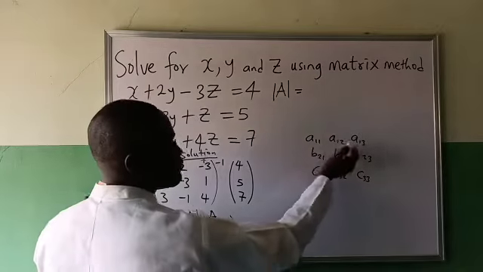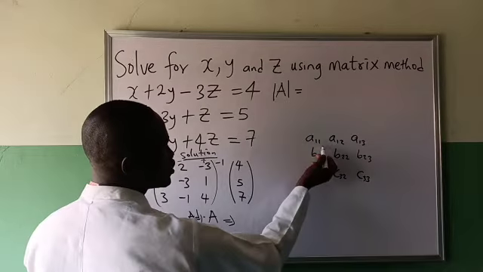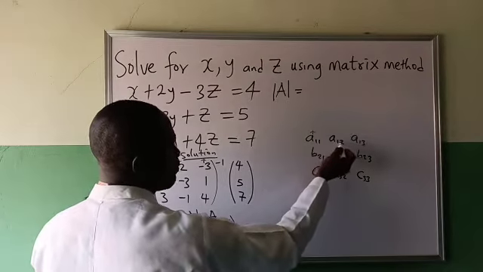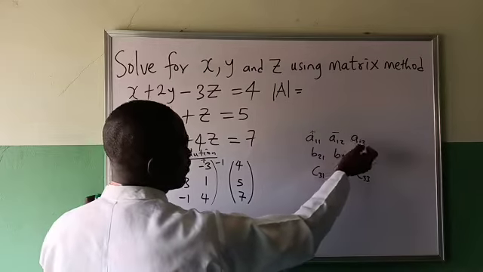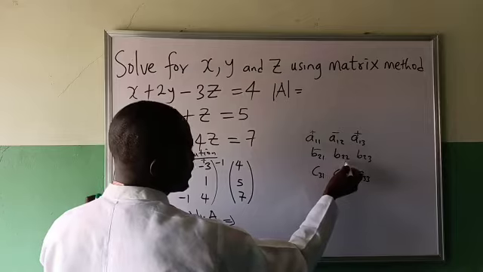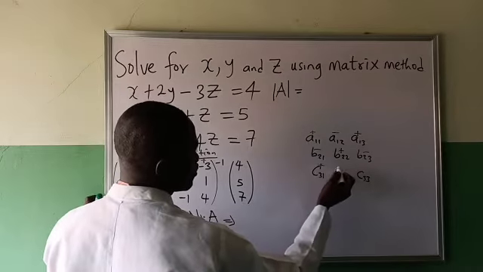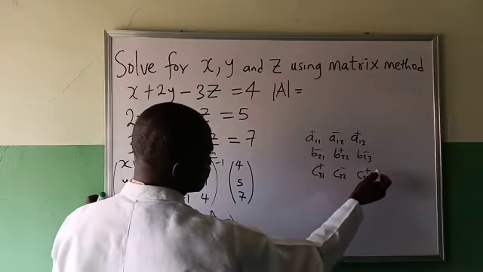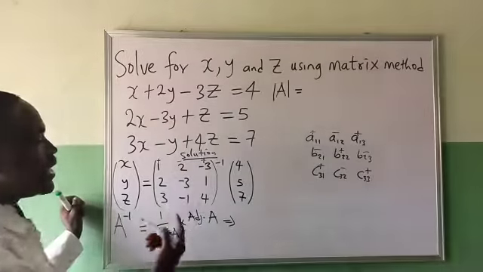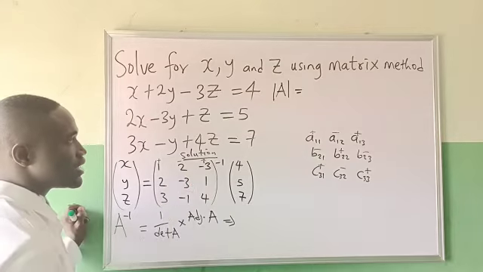Add the indices; any of these that give you an odd number is minus, an even number is plus. 1 plus 1, even. 1 plus 2, odd. 1 plus 3, even. 2 plus 1, odd. Even, odd, even, odd, even. That is how we get the inherent sign. So I'm only interested in the signs of the first row.